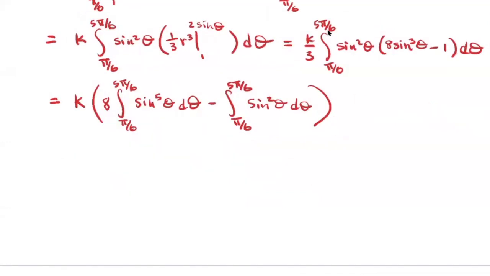Now, when you have an odd power on a sine or a cosine, you want to think of that as an even power times a first power, and then the even power has to be converted to cosines. So you go like this: k times 8 integral, and what you're going to do is write 1 minus cos squared theta, and that's sine squared.